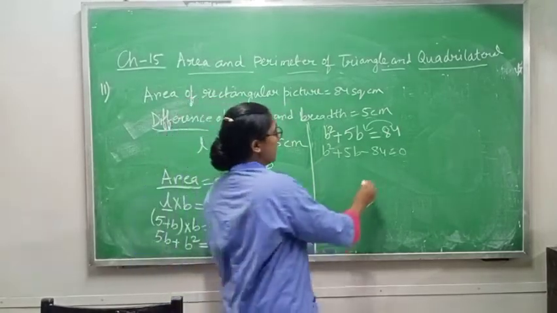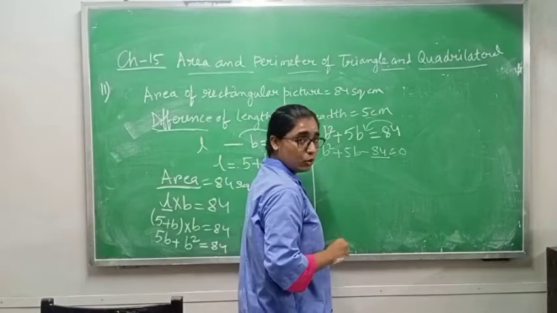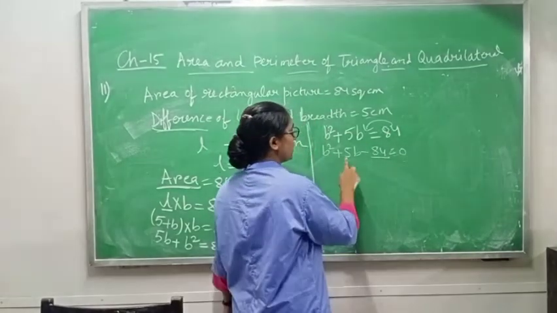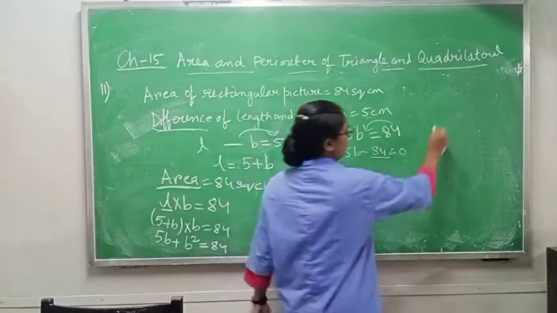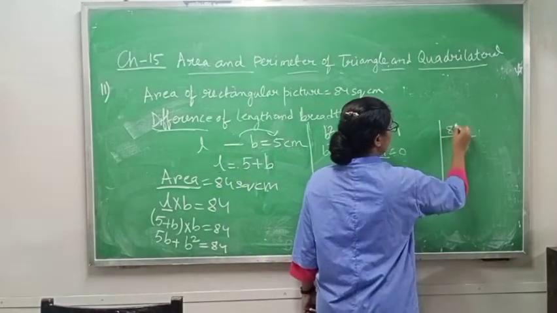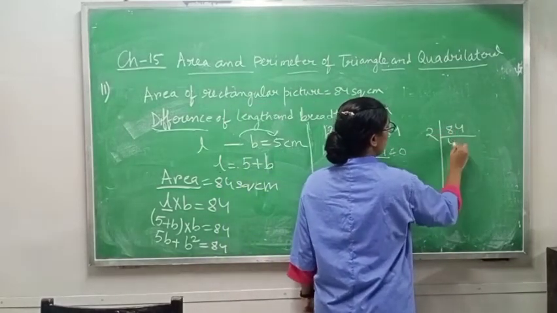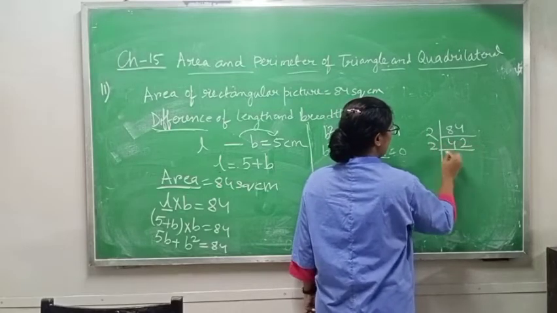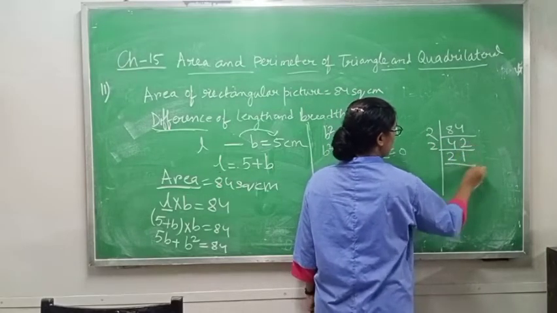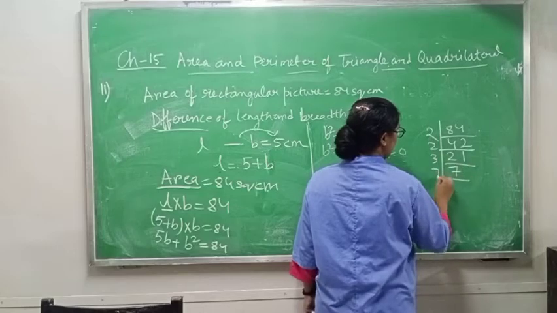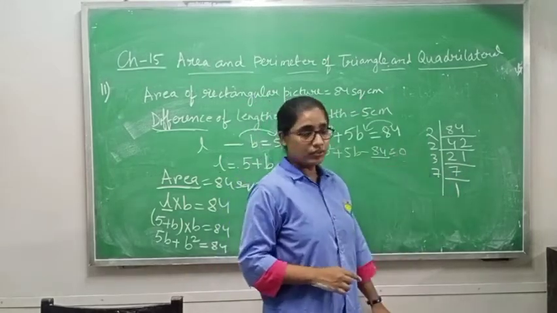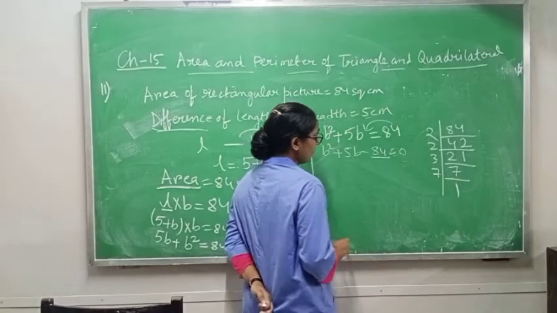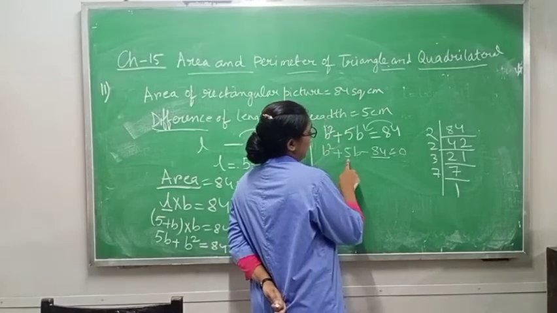It means you have to take factors of 84 such that with subtraction you get 5 and with multiplication you get 84. So first you will take the factors. 2 4s are 8, 2 2s are 4, 2 2s are 4, 2 1s are 2, 3 7s are 21, 7 1s are 7. So you are getting 2 into 2 into 3 into 7. Okay. Now you need 5, minus 5.